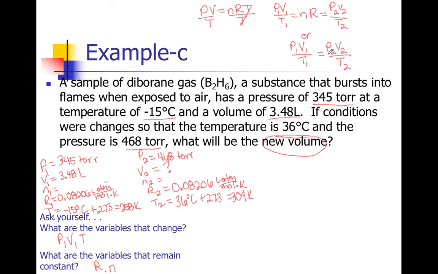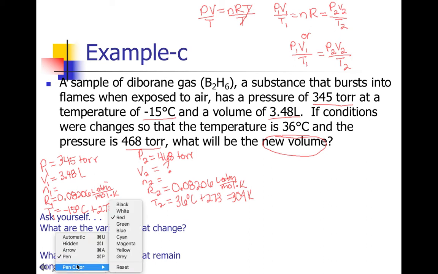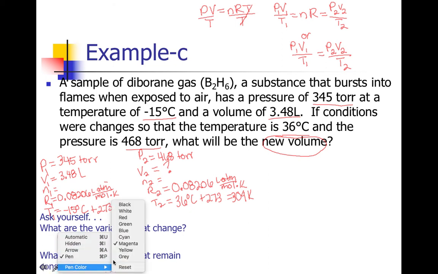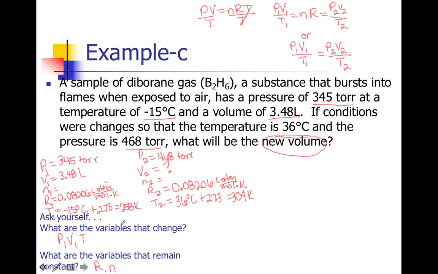Now you could plug your numbers straight into this equation, or you could go one step further and go ahead and solve it for your unknown, which is what I would like to do because I just don't like writing my numbers over and over again. So to get V2 by itself, we need to multiply by T2 over P2 on both sides.